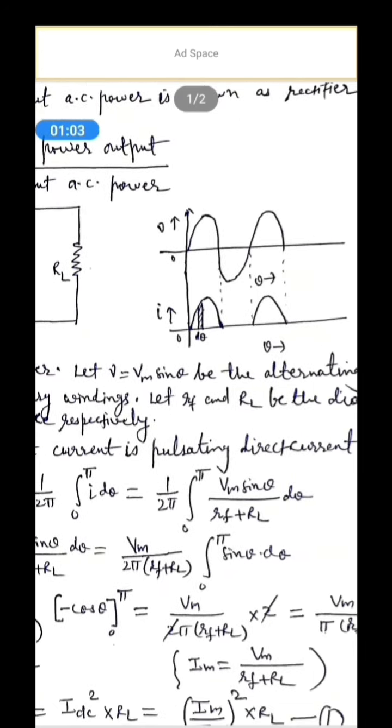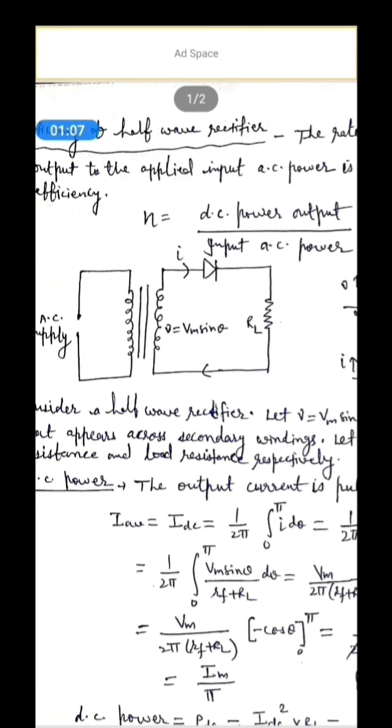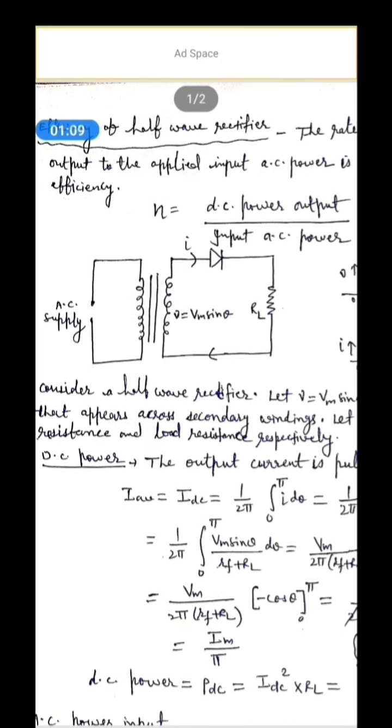Now we know that when the positive half cycle comes, the diode becomes forward biased, so it will conduct, and when the negative half cycle comes, it will not conduct.